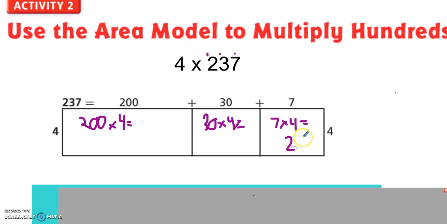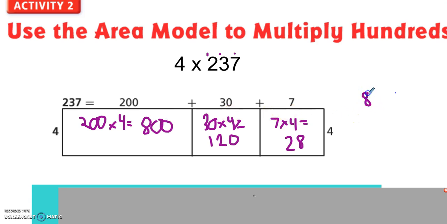So this is 28 ones. This is 120, because 3 times 4 is 12, so 30 times 4 is 10 times that amount. That's 120. And 4 times 2 is 8, 100 times more is 800. So now I have my 3 partial products.